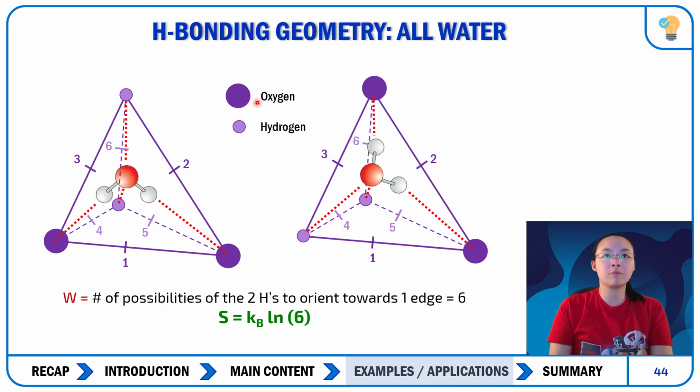So if I have the big purple circle as oxygen and the smaller lighter purple circle as hydrogen, we'll be able to differentiate which part of the water molecule is facing the central water molecule. So looking here, I have a tetrahedron shape because I know that every water molecule can form up to 4 hydrogen bonds.